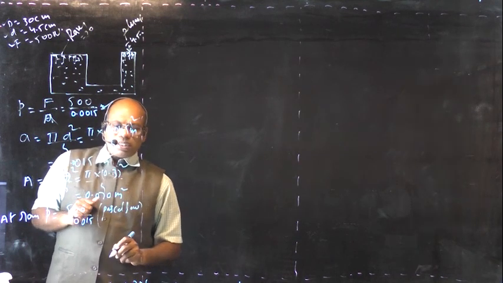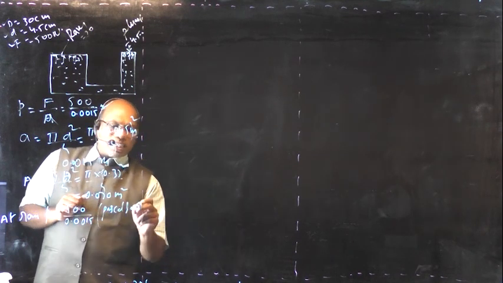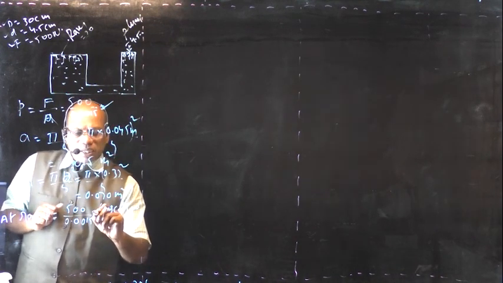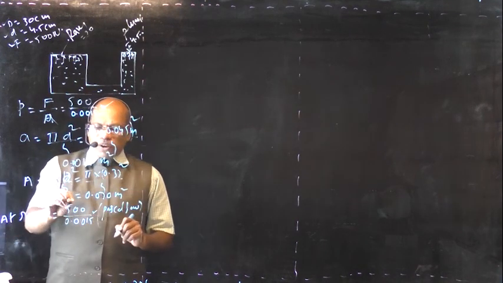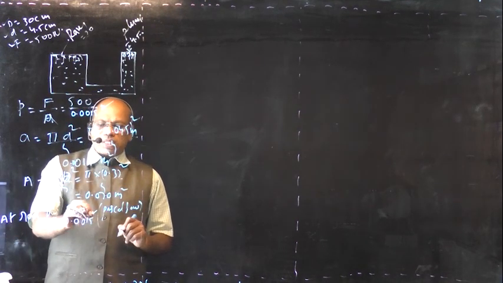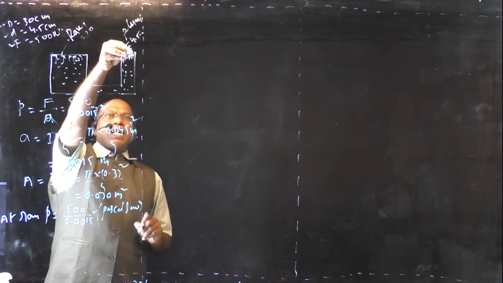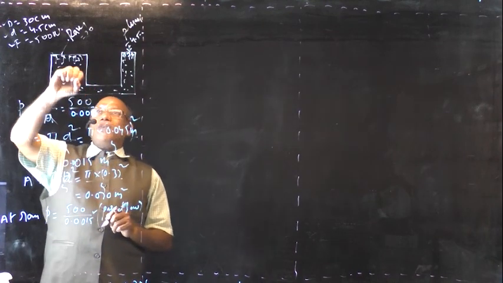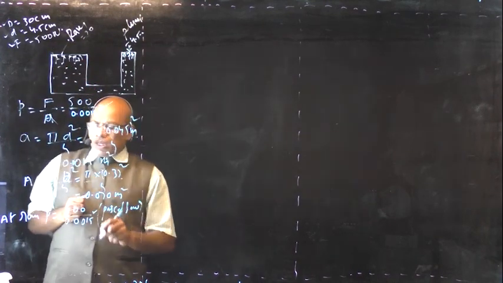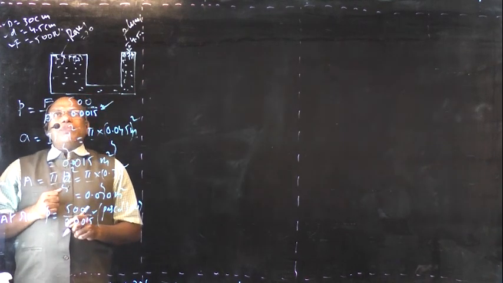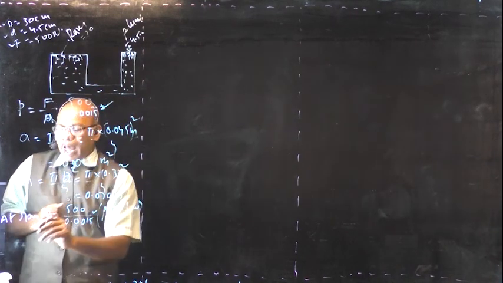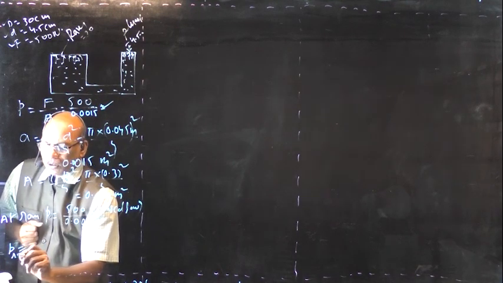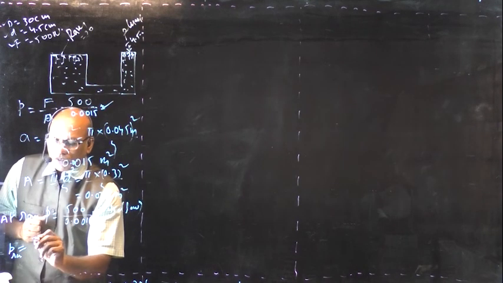Pascal's law states that at a point the pressure intensity is equal in all directions if the fluid is static. Based on that, the pressure intensity at the ram is equal to 500 divided by 0.0015, the same as at the plunger. But as per the given problem, we are going to determine the weight lifted at the ram. The pressure intensity at the ram is equal to force or weight lifted by area.